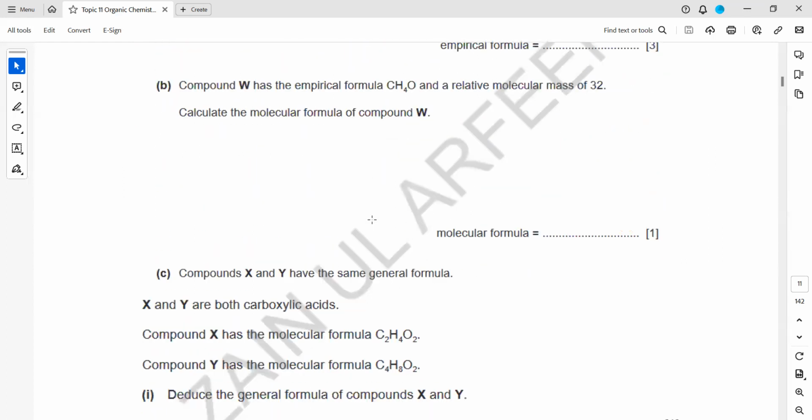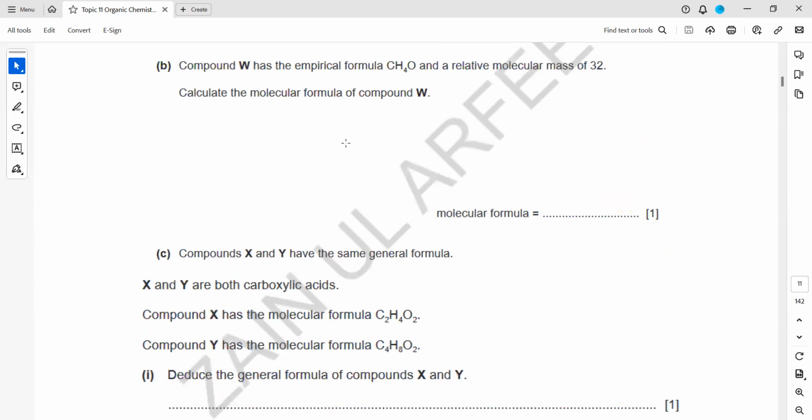Then compound W has an empirical formula of CH4O with a relative molecular mass of 32. Calculate the molecular formula. So how do we work out a molecular formula? Molecular formula is empirical formula multiplied by n. Empirical formula is given, CH4O.